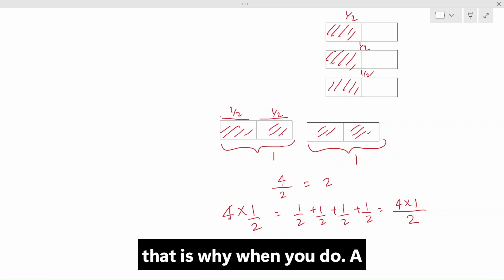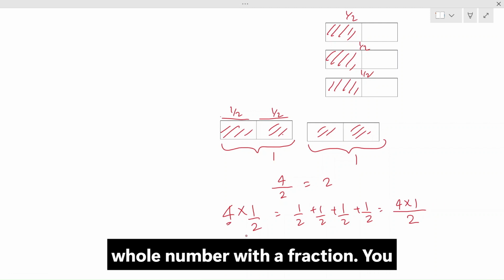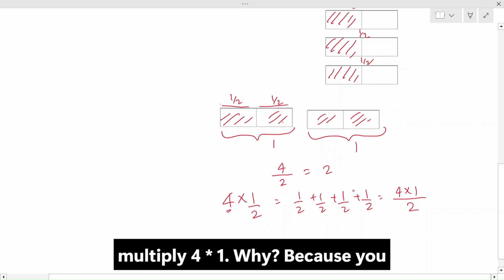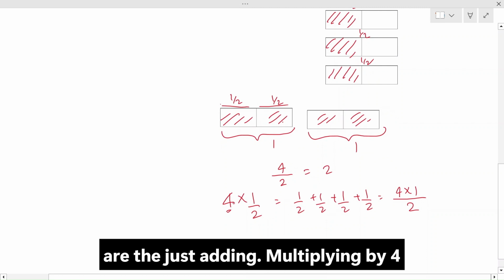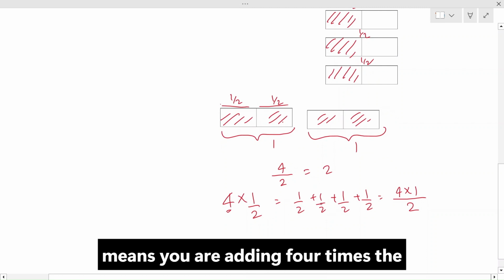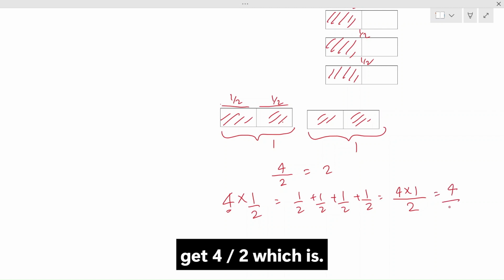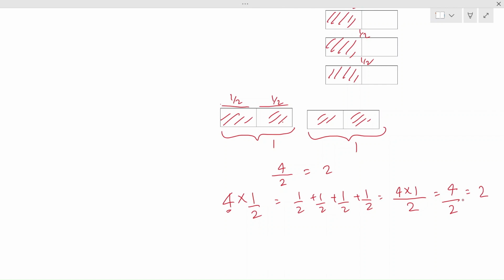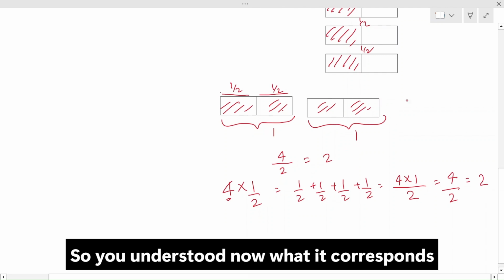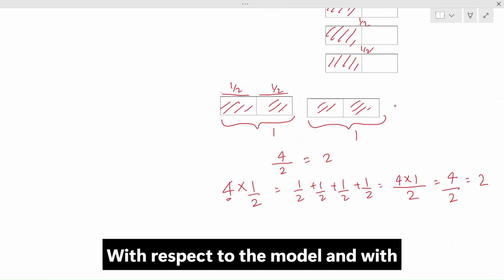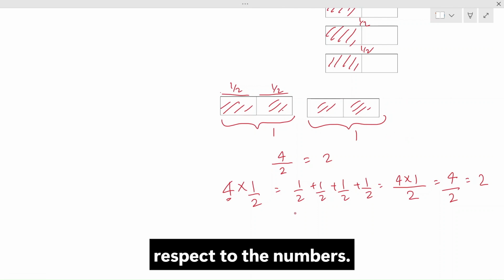That is why, when you multiply a whole number with a fraction, you multiply 4 times 1. Why? Because multiplying by 4 means you are adding the number 1 four times. That is why you get 4 divided by 2, which is 2. So you now understand what it corresponds to with respect to the model and with respect to the numbers.